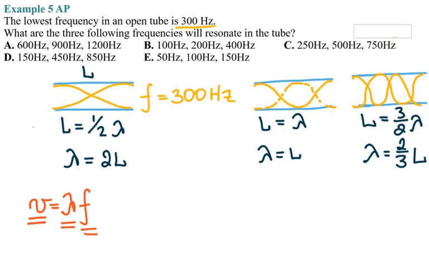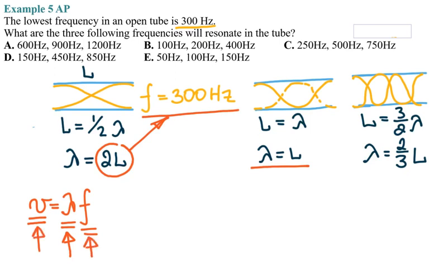So for the first one I have 2L, which was related to 300 hertz. For the next one, my wavelength is L, which is 1/2 of that. So if I plug in 1/2 over here to give me the same velocity, my frequency has to be twice as big. So in this case, I will have the frequency equal to 600 hertz.